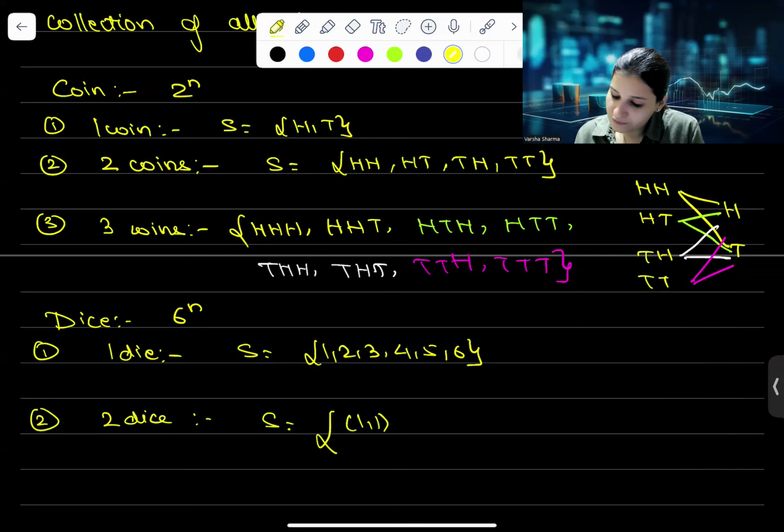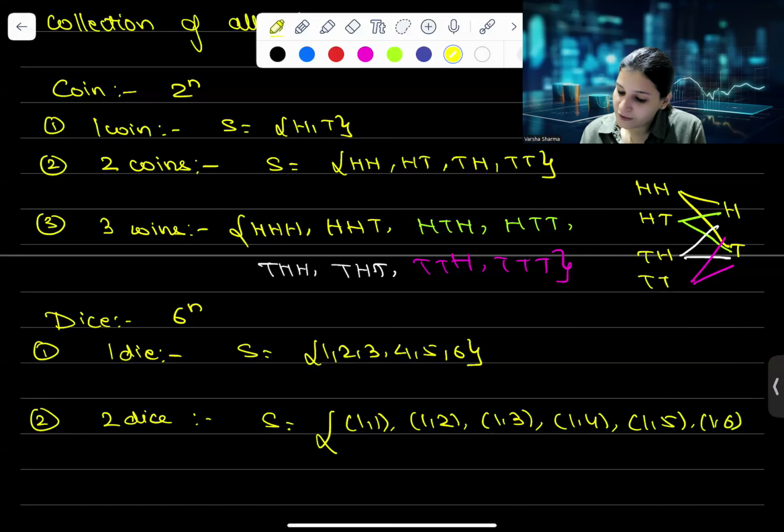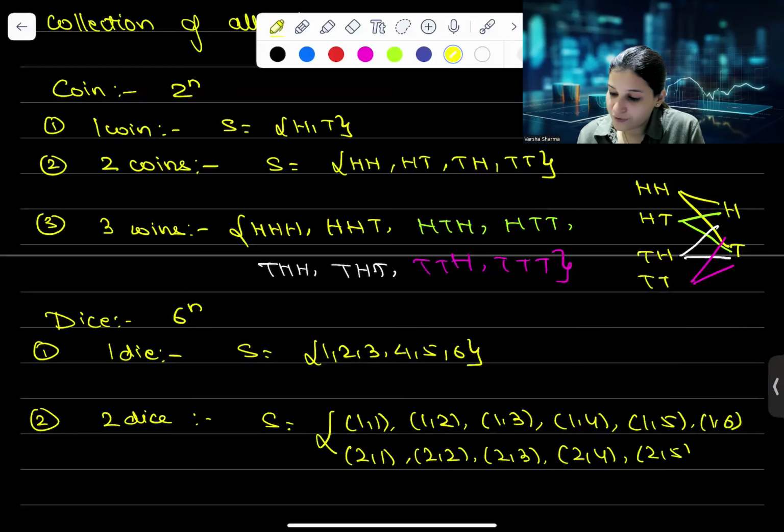So 1,1; 1,2; 1,3; 1,4; 1,5; 1,6. Then comes 2's turn: 2,1; 2,2; 2,3; 2,4; 2,5; 2,6.